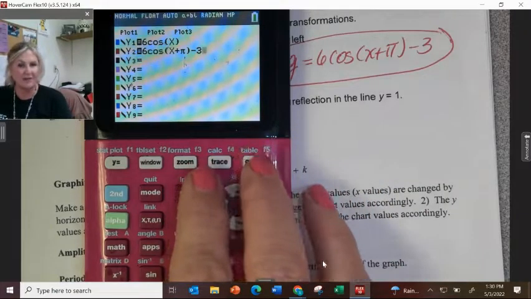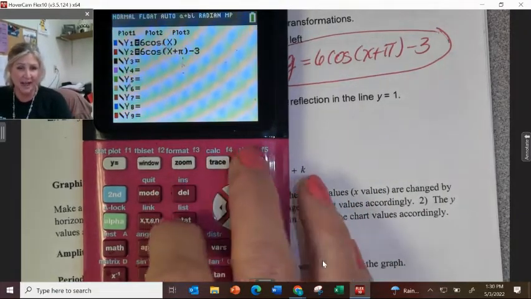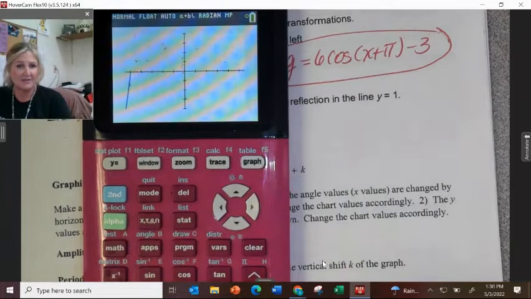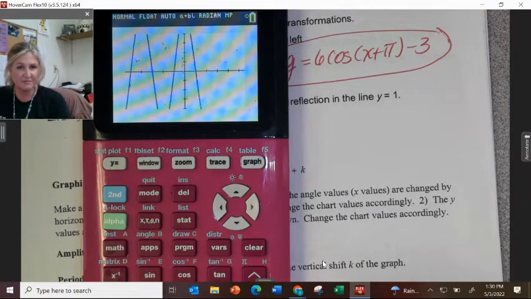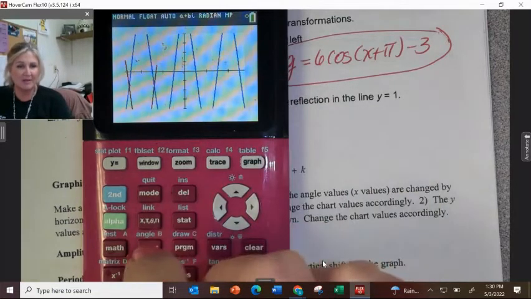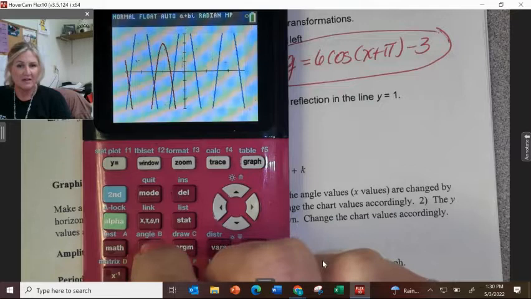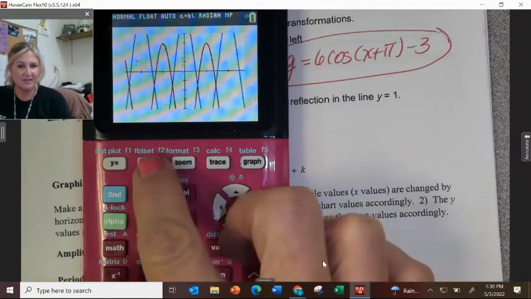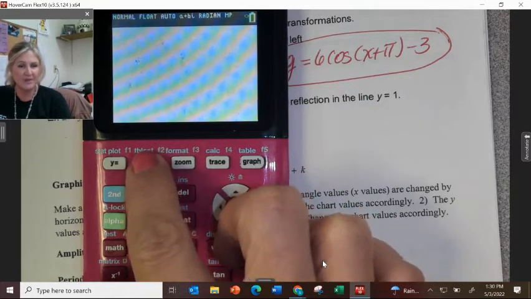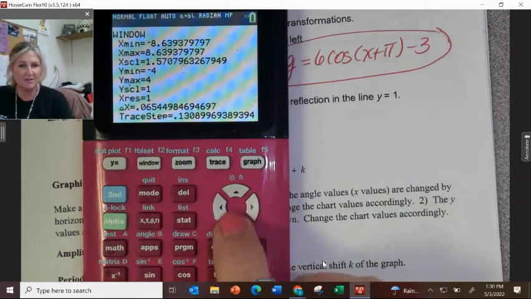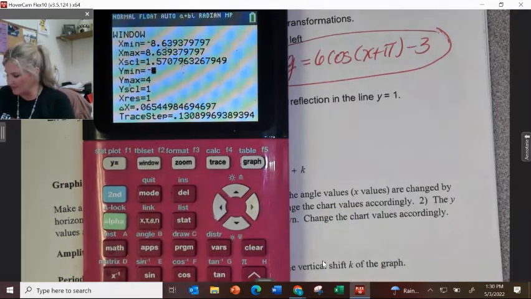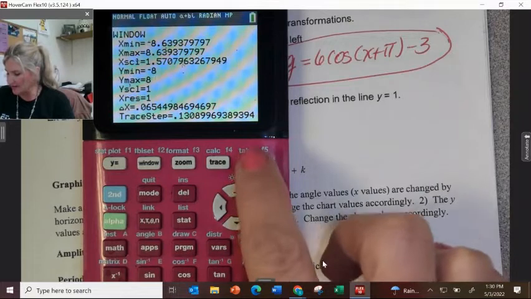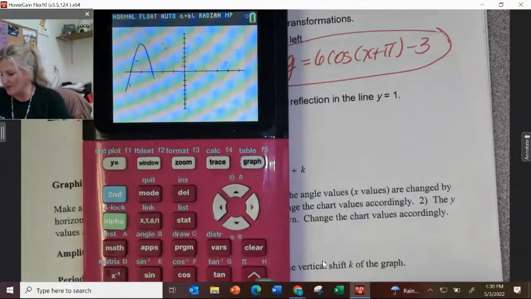I'm going to see if what I wanted to have happen did indeed happen. So go ahead and push graph. Now remember, if I really want to see that top and bottom, I can change my window. I'm going to change my window so that I have a y minimum of like -8 and 8. That's going to allow me to see the graph better.